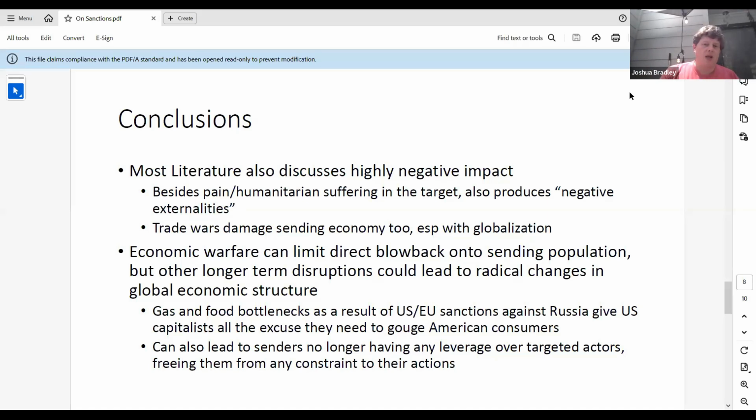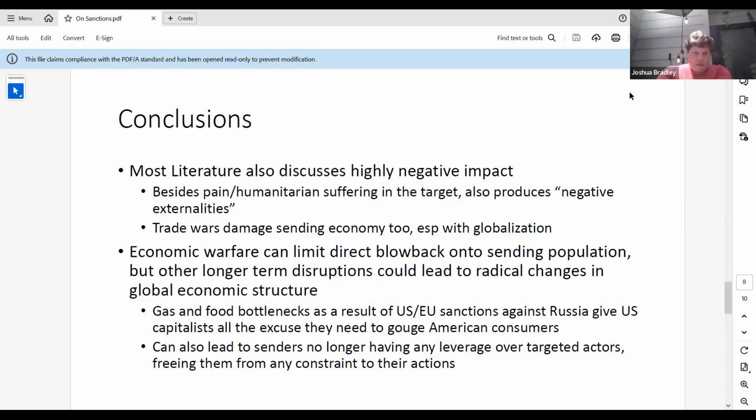Trade wars can damage the economy too, especially under the globalization capitalist regime. Economic warfare can limit direct blowback onto the sending country, but other long-term disruptions could lead to radical changes in the global economic structure.